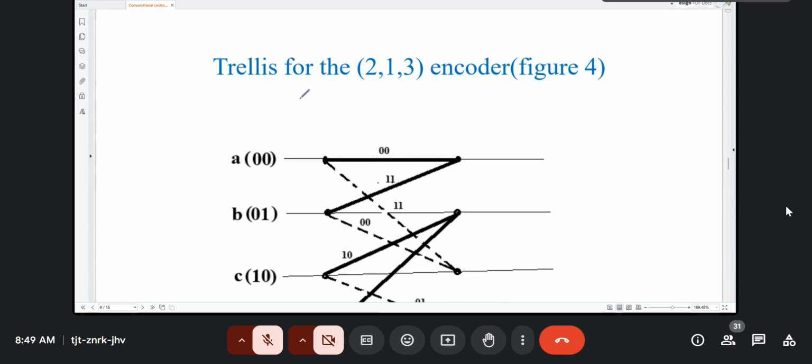You can see if the state is 0, 0, and then your input is a 0, continuous line, then your state still remains 0, 0.